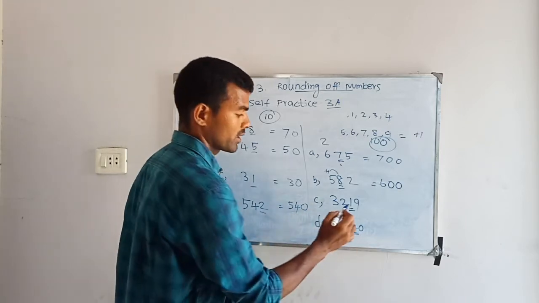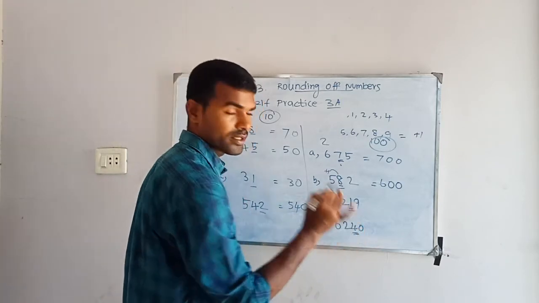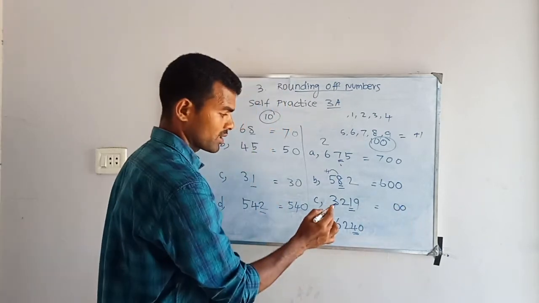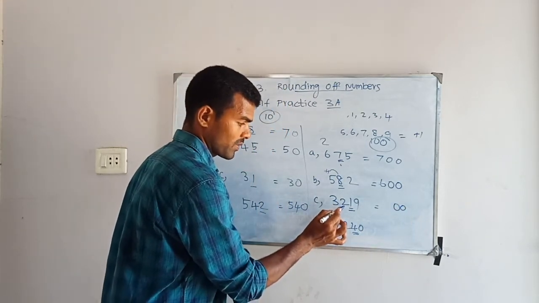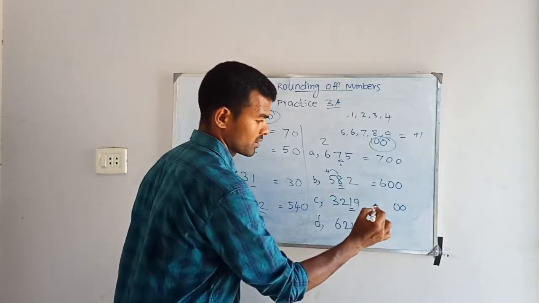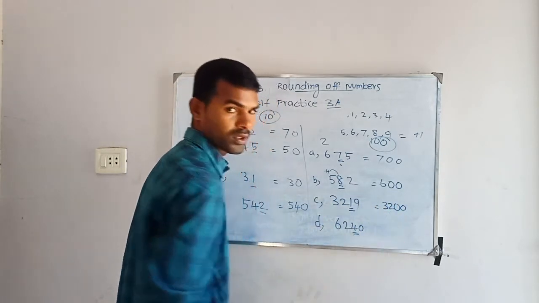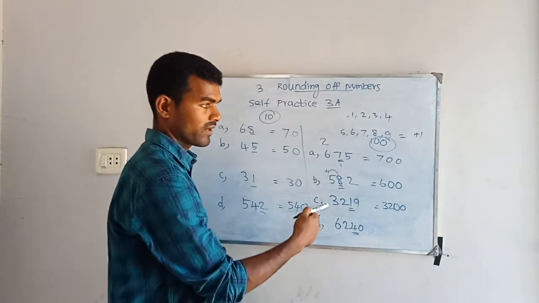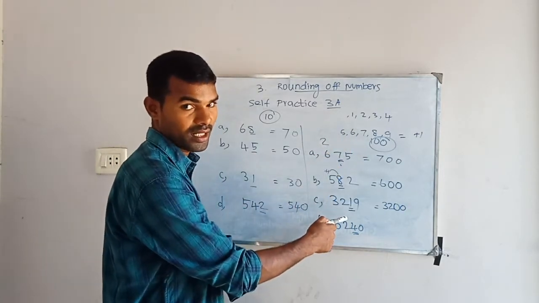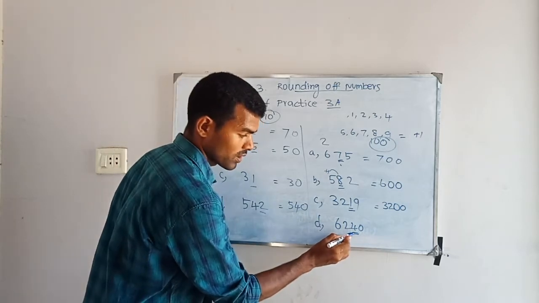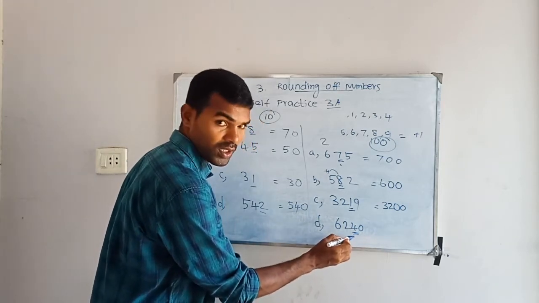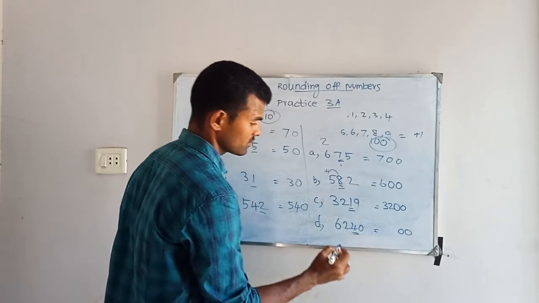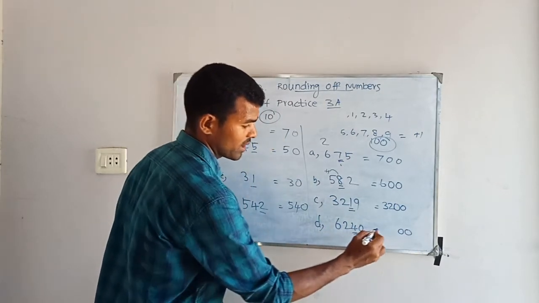The ones place and tens place are 0, 0, and the hundreds place and thousands place stay the same: 3200. This is the answer. If the digit is less than 5, you should not increase the hundreds place. If the given digit is 4, the ones place is 0, the tens place is 0, and the remaining number stays the same.